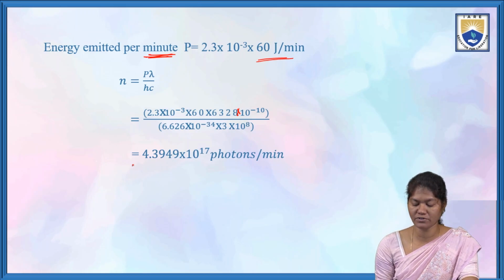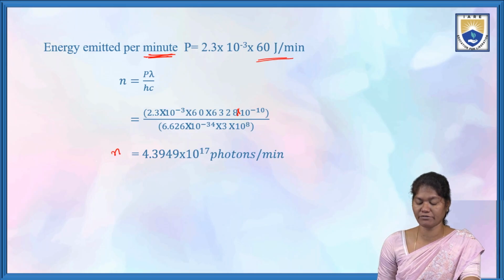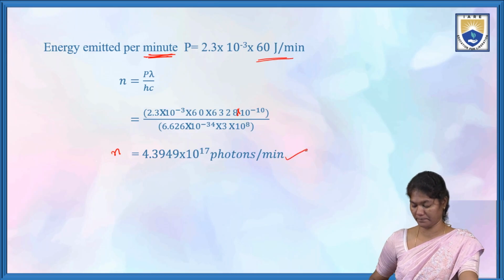So the value of N is 4.3949 into 10 power 70 photons per minute.